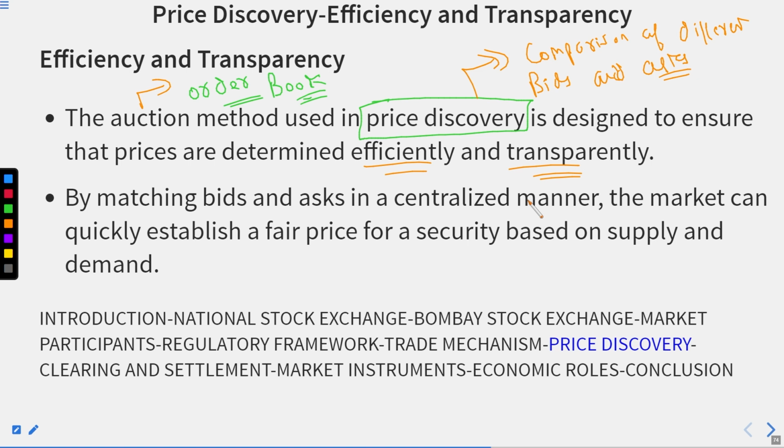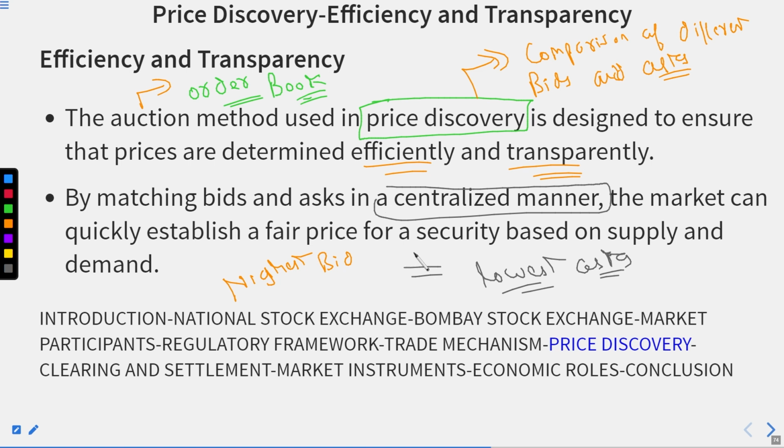Matching bids and asks in a centralized manner means that all the bids are on one side, all the asks on the other side; choose the highest bid and compare it with the lowest ask. So this is called the centralized manner. By this the market can quickly establish a fair price based on supply and demand, because right now everyone is aware of how much bid could be done and how much ask could be done.